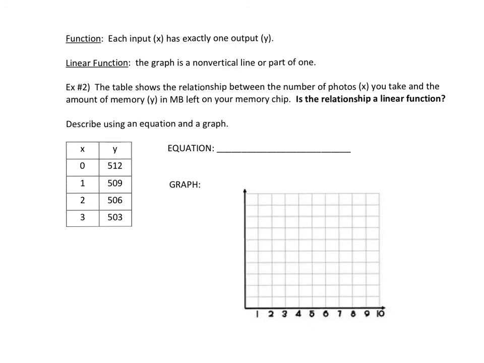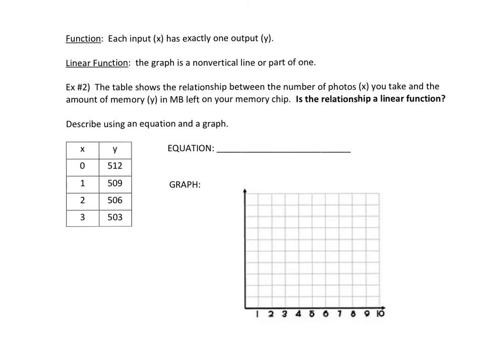We are more than halfway. Function and linear function. If you watched Jeopardy, this is what they were talking about. For a function, the rule is that each input, each x value, has exactly one y value. So you can't plug x in and get two different numbers for y and call it a function.